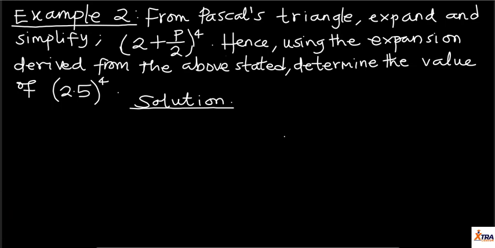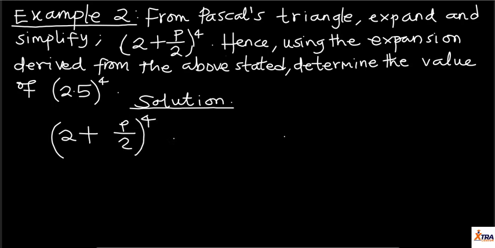Before we can even solve that question, let us first use the idea of Pascal's triangle to expand this binomial. The question we have here is 2 plus p over 2 all raised to the power 4.